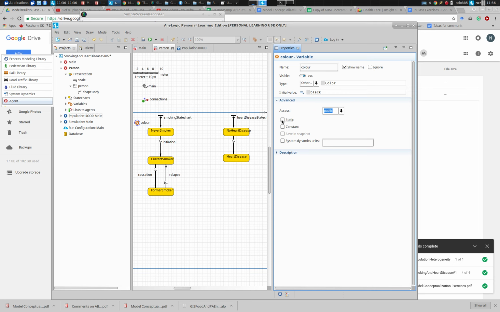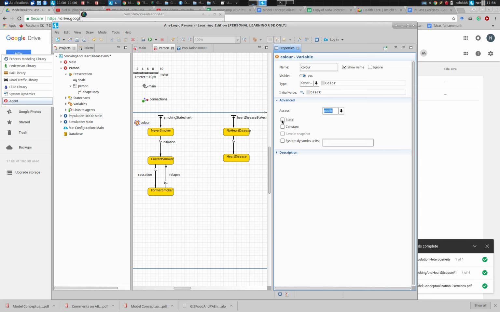Now, there's a further distinction here, which again uses the most objectionable of terminology. We can declare something so-called static. And static actually doesn't mean it's constant. It doesn't mean it's unchanging.